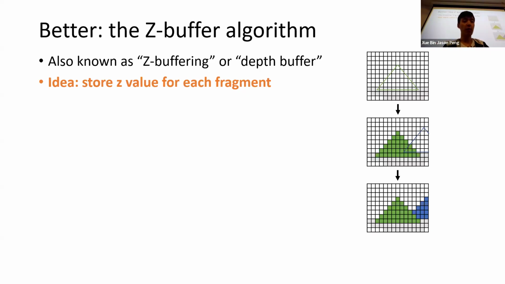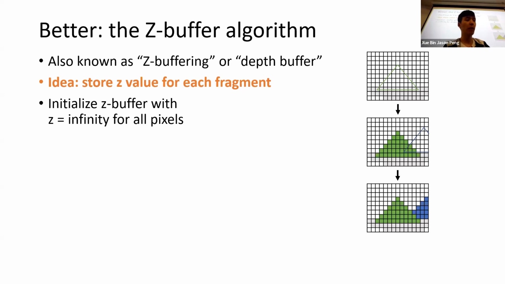With the Z-buffer algorithm, we are going to have an additional buffer called the Z-buffer. And this is like an image. This is like a copy of our frame buffer. But instead of storing colors, the Z-buffer is going to store the depth values at every single pixel. So similar to the frame buffer, every time we rasterize a triangle into the frame buffer, we store the color of the triangle that was drawn into each one of the pixels in the frame buffer.